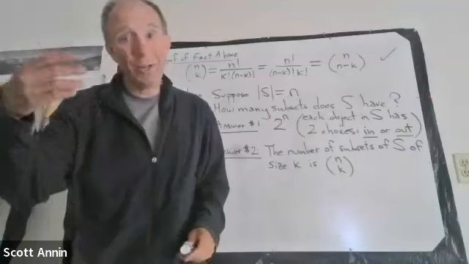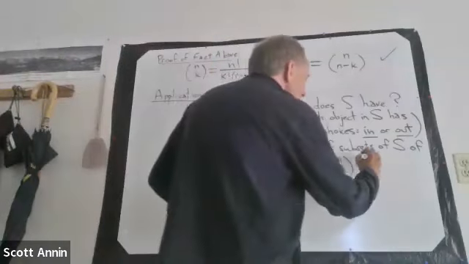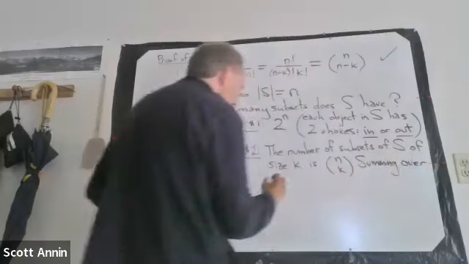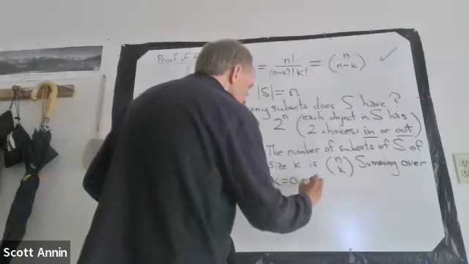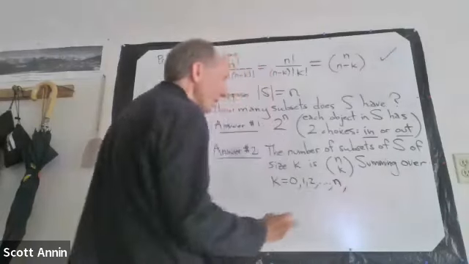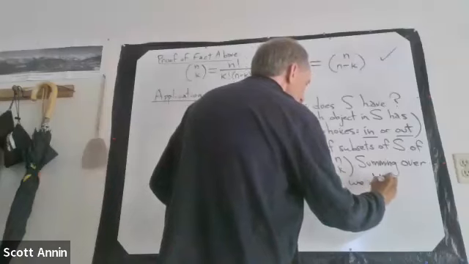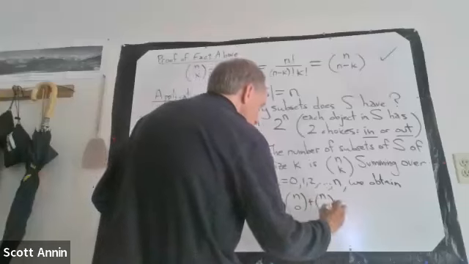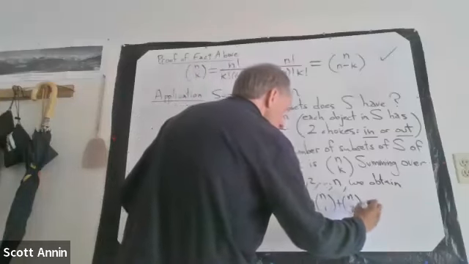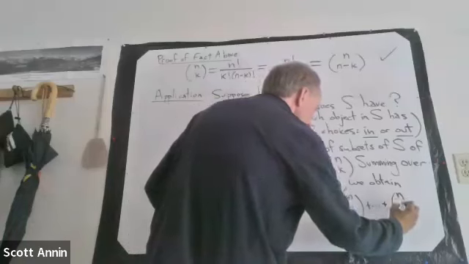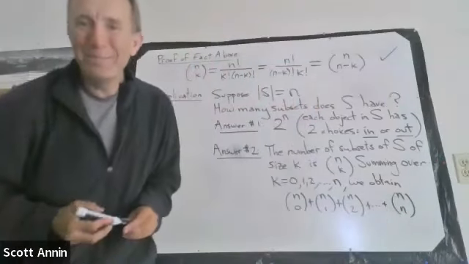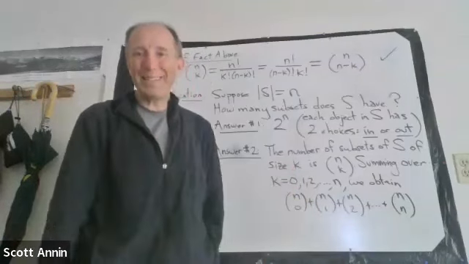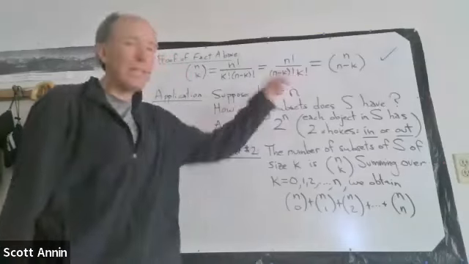Could be 0, could be 1, could be 2, could be 3. So if we now sum over K, K could be as small as 0 or as big as n. We obtain, well, it's just going to be n choose 0 plus n choose 1 plus n choose 2 and so on and so on, all the way up to n choose n. This is also the number of subsets of a set S of size n.